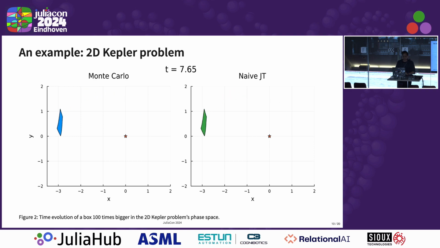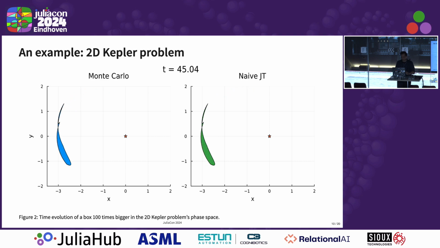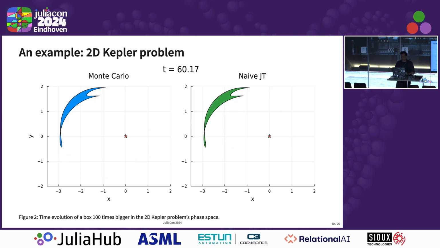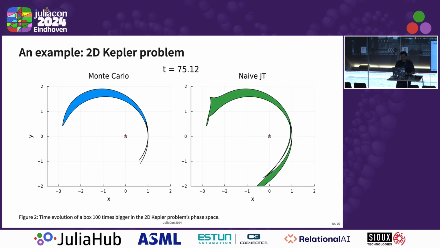Just to have a clearer example, if we propagate an even larger neighborhood, then we start to see things like this, where the jet transport integration starts to drift away from the Monte Carlo reference, right?